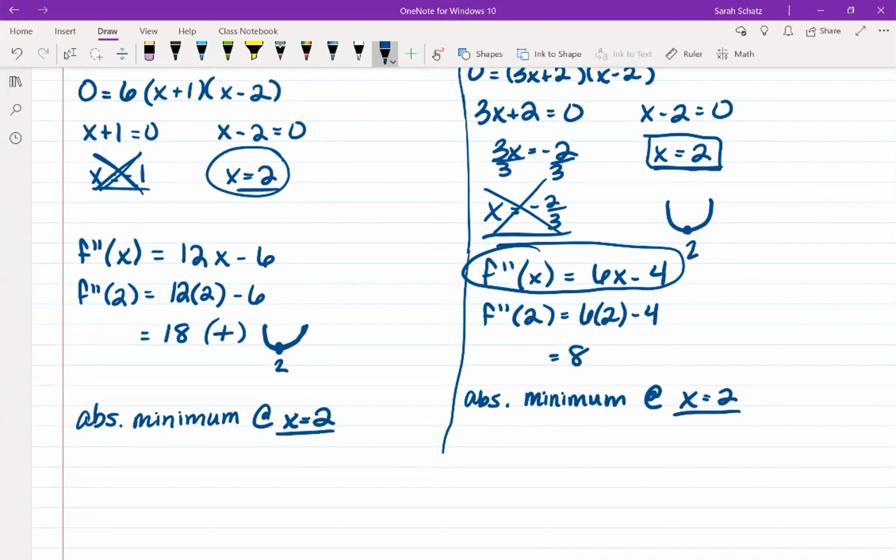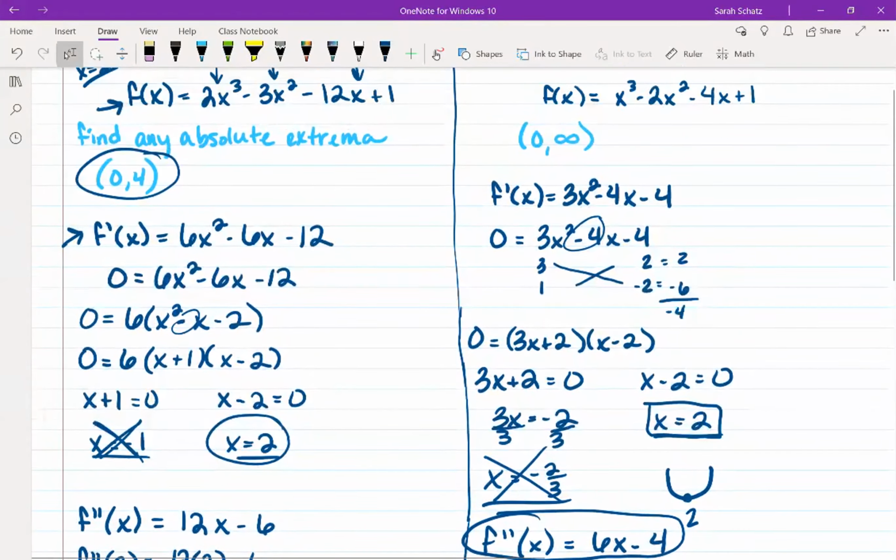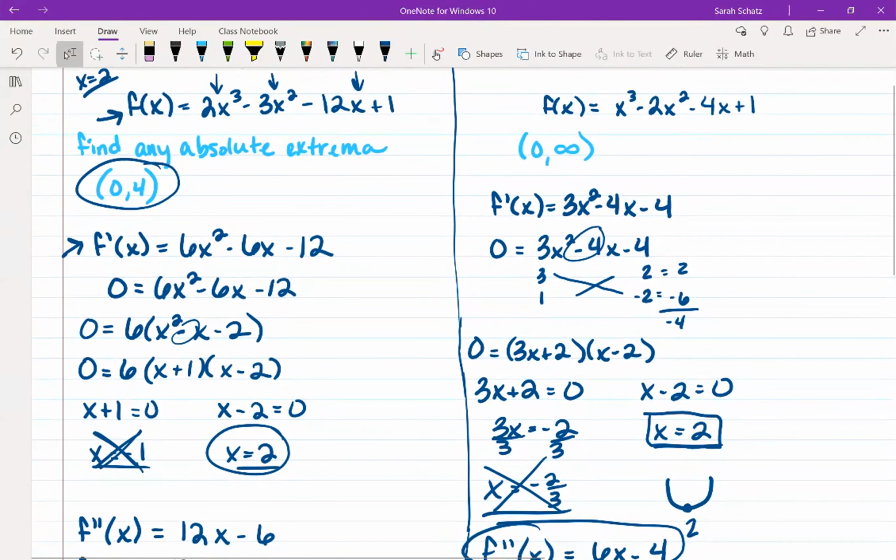Remember in 12.1, we did the number line. We had to stick it all on a number line and test in the first derivative. You guys, this is so much faster. So that would be my choice. That would be what I tell you to do. Let's see. I think that's good on those.